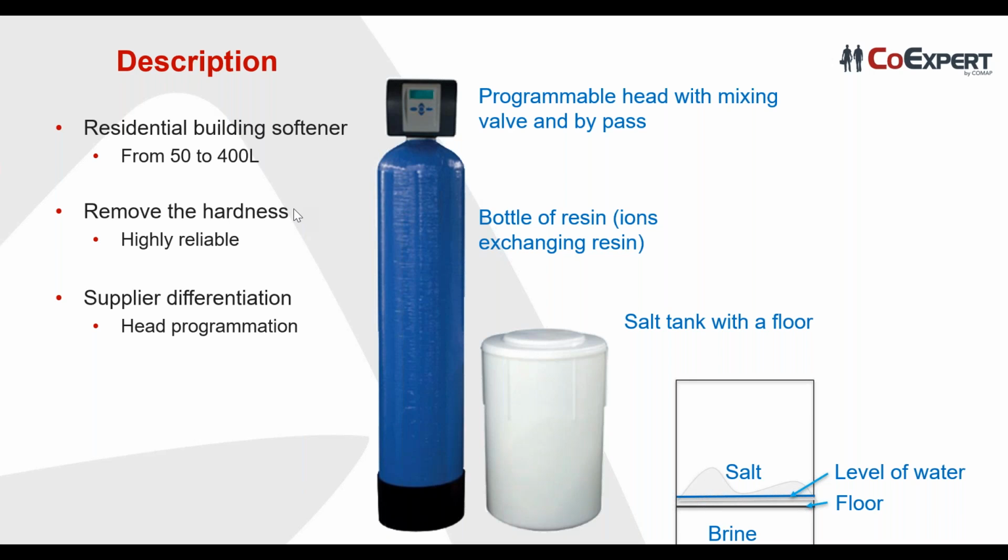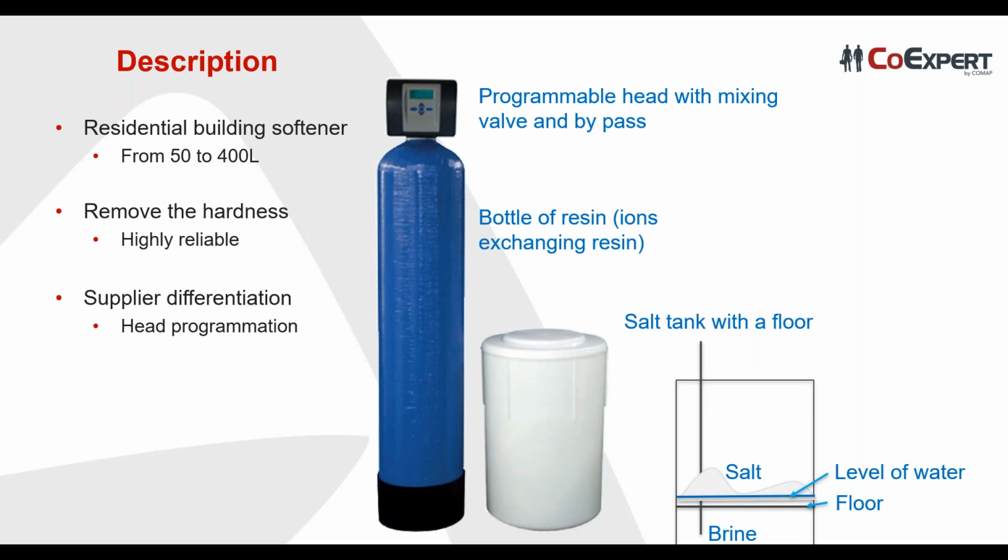It's a highly reliable process. If the softener is well maintained, it will work very well. The main differentiation regarding this kind of product is the programming head, and so if it's easy to make a program or not, and the suppliers themselves for the services they offer.